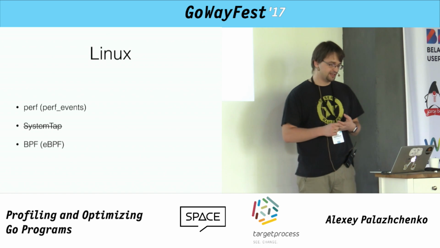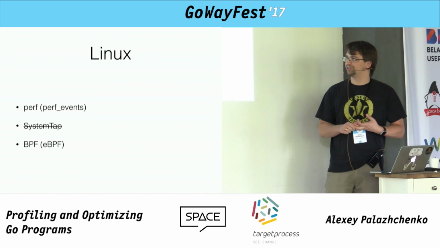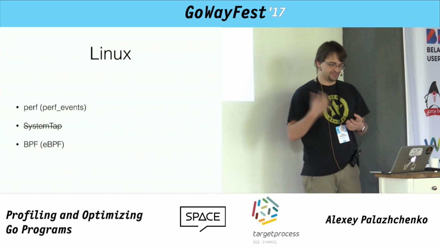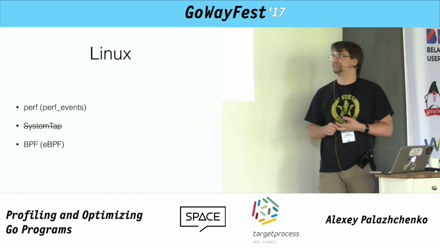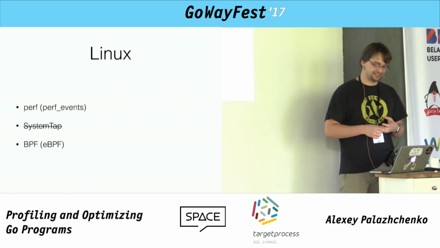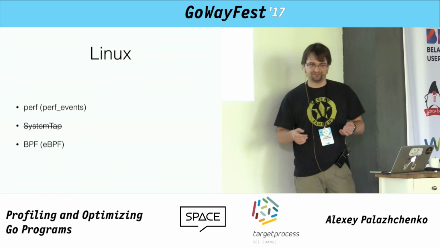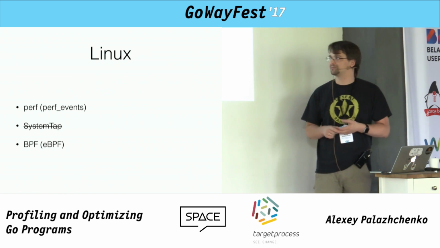It will actually work. It was possible to use systemtap before, but systemtap is going to be removed from the Linux kernel, and the new thing in the Linux kernel is BPF, which stands for Berkeley Packet Filters. It's related to performance because it's basically what iptables uses.